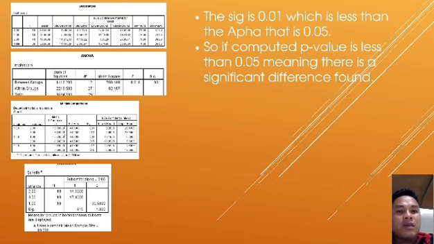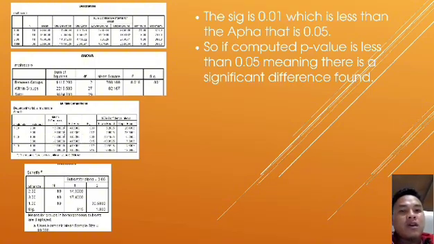So here in the table that appeared, we can see the mean in the descriptives, the mean of each strand and their corresponding standard deviation. Which data will we take from here as the result of the one-way ANOVA?